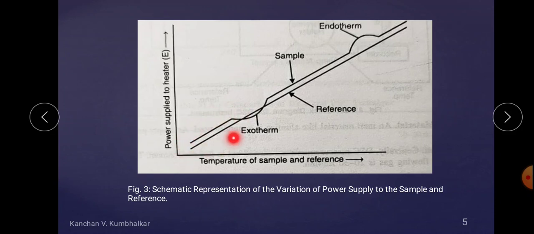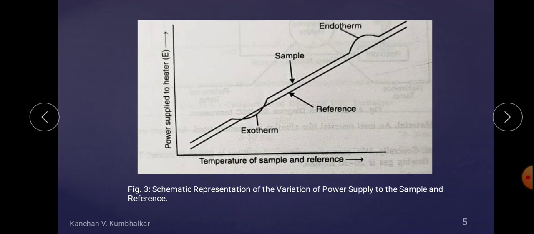In this range of temperature there is no reaction, hence the reference and sample go parallel. But when you reach this temperature, the exothermic reaction occurs in the sample, and due to this there is a fluctuation of power supply to the heater for the sample as compared to the reference.